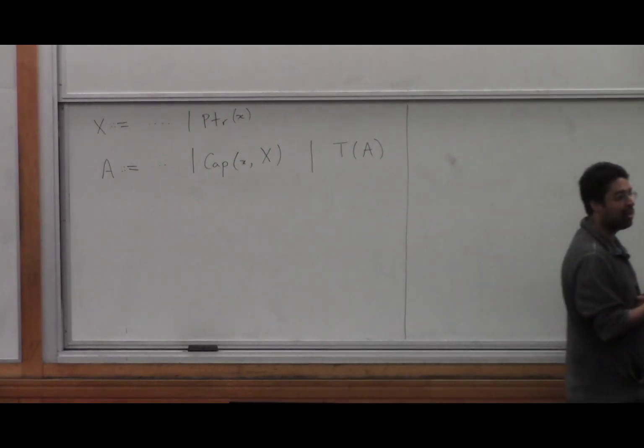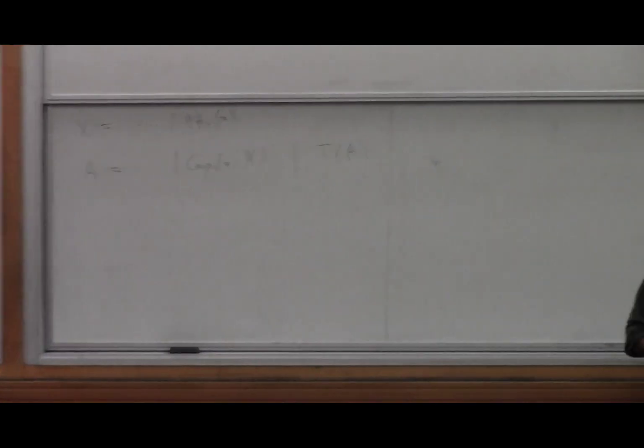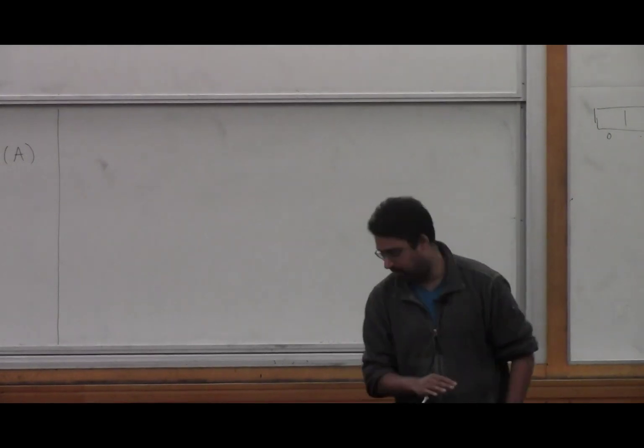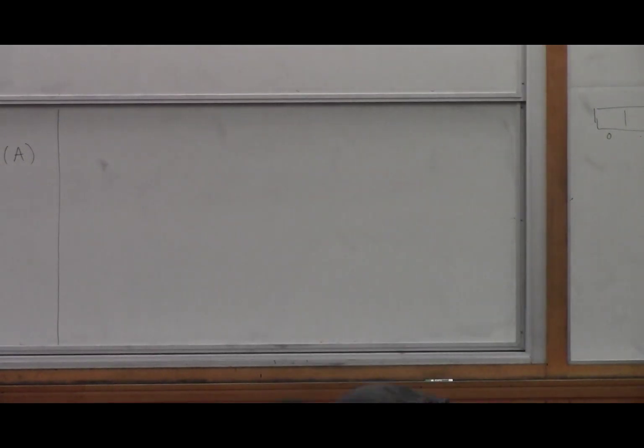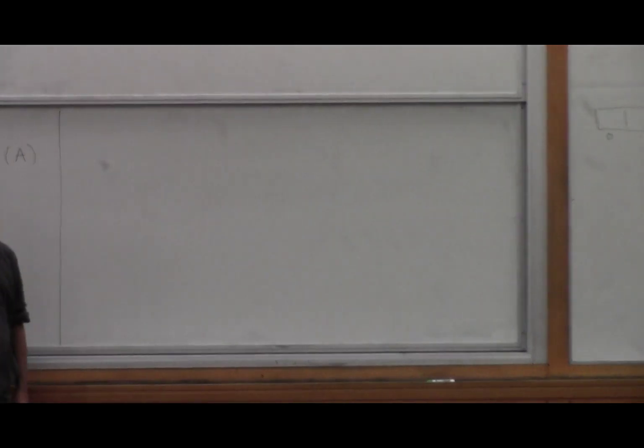Once you have a pointer, there are four things you can do to it: you can allocate a pointer, read from it, write to it, and free it. And so we can introduce an operation corresponding to each of those four actions.